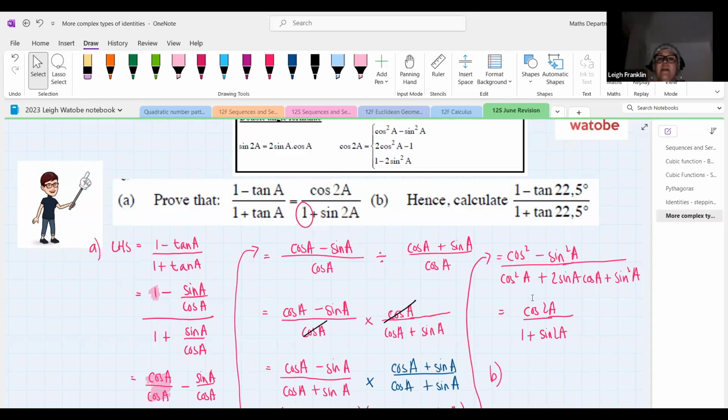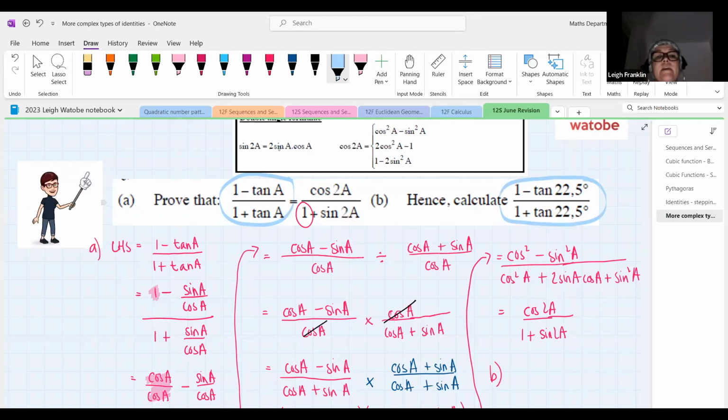So what does that look like? What does 1 minus tan 22,5 over 1 plus tan 22,5 look like? It looks like the left-hand side, doesn't it? That's what it looks like. It looks like the left-hand side of our original identity. Okay, so these two over here are linked to one another.